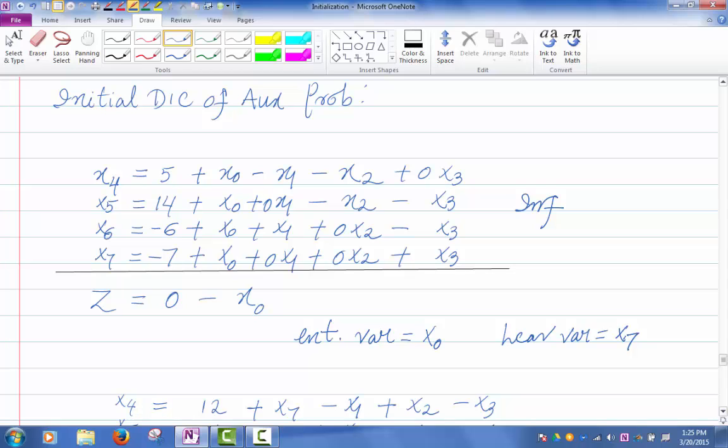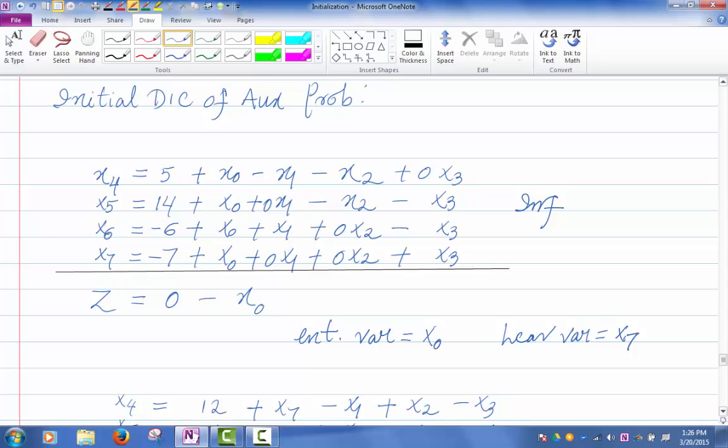From there, I can solve for x0, and whatever I get for x0, I'm going to put that in the objective row, replacing x0. Then I also have to replace each x0 on the right hand side by that. Am I making sense? So solve for x0 from the fourth row and then substitute that for x0 everywhere.